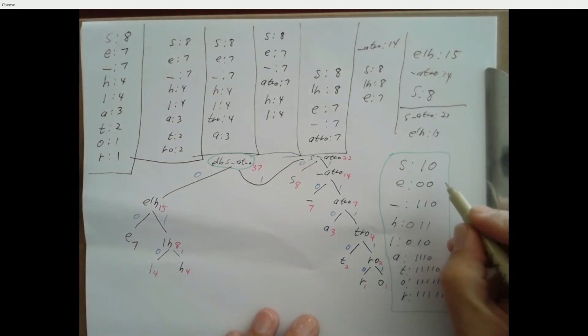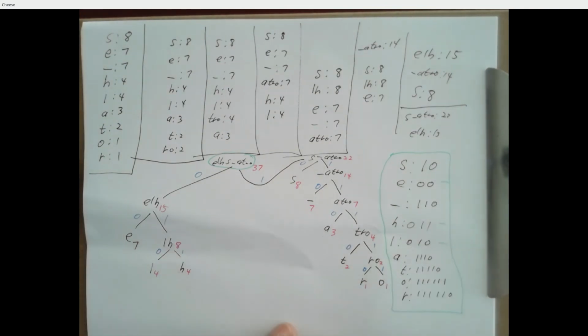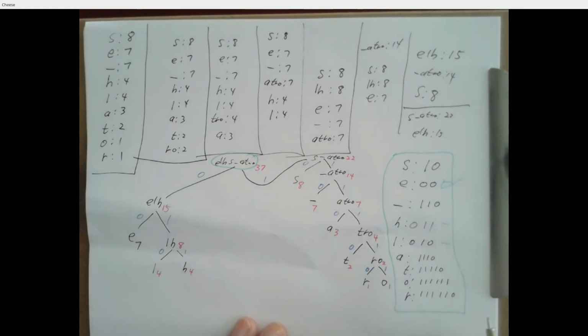You've got either an E, an H, or an L. And you don't know until you read the second bit. If the second bit's 0, you've got an E, guaranteed. If the second bit is a 1, you have to read one more bit to know whether it's an H or an L. And so you keep reading until you find the code that matches something in your dictionary, and then you're at the beginning of a new symbol, so you start reading again.